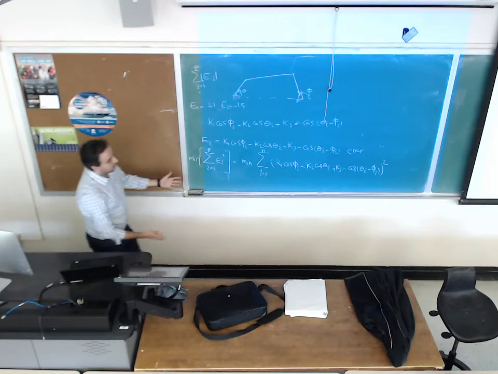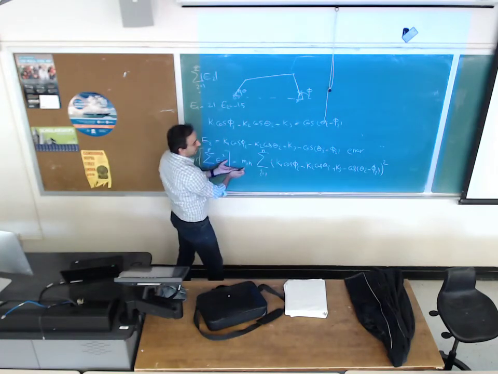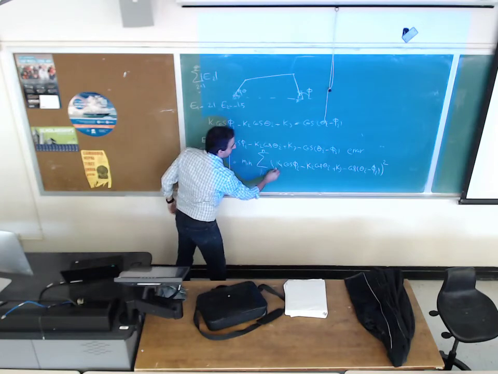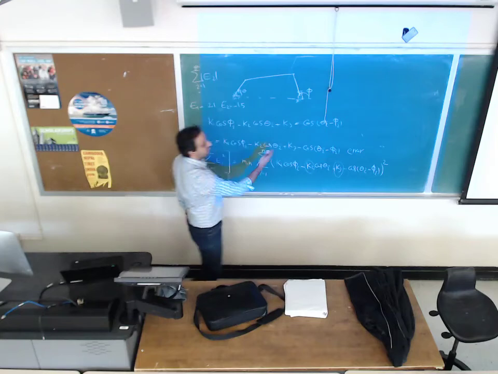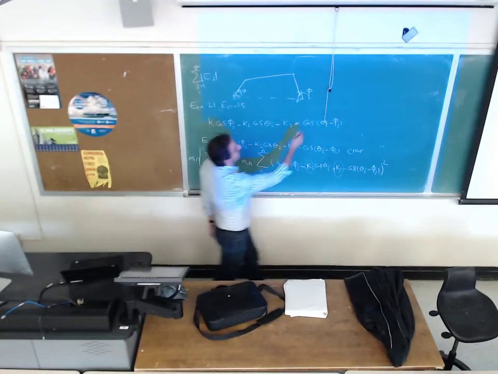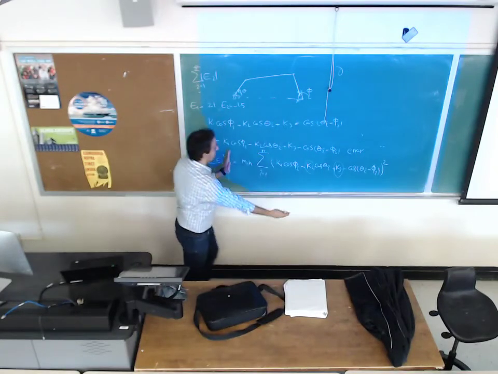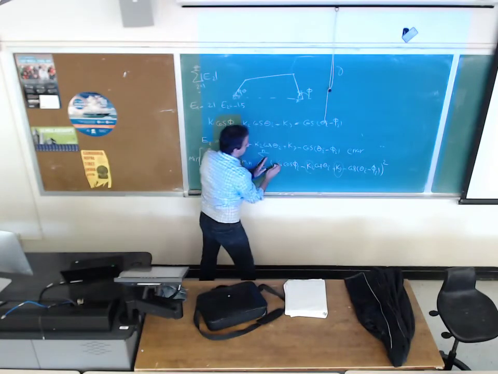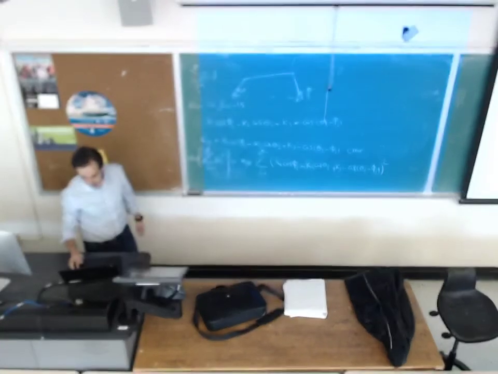Now, if you have a function like this that you want to minimize, and the variables are K1, K2, and K3, what you are going to do is set the derivative of this function with respect to each variable equal to 0.